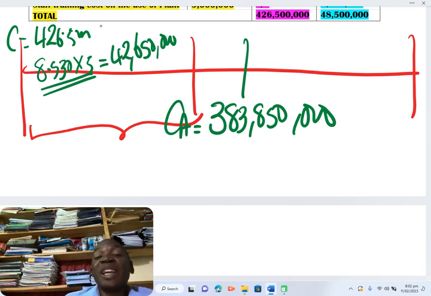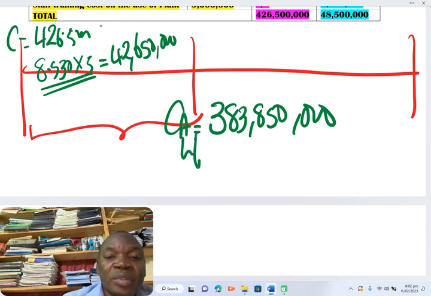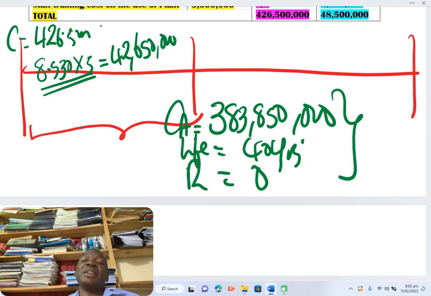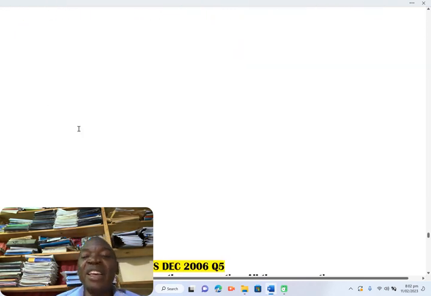Sasa itakubidi kutoka kwenye hii carrying amount utafute new depreciation, kwa sababu remaining life hapa anasema ni 40 years. Then the residual value ni 0. So from here unaweza kufanyaje? Ukacompute percentage kama ile ya mwanzo. Nimeeleza hapo. Sasa nimefundisha.